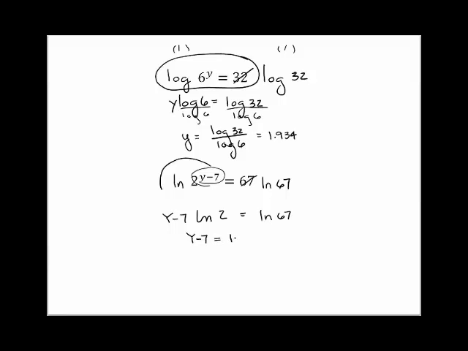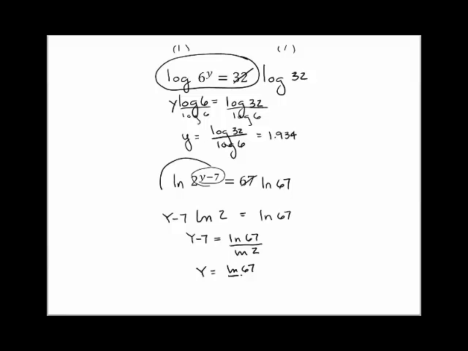We'll take the ln of 67 divided by the ln of 2. Okay, we've got an equation that's stepping up here. All we have to do is reverse the algebra. So we'll add 7 to both sides.